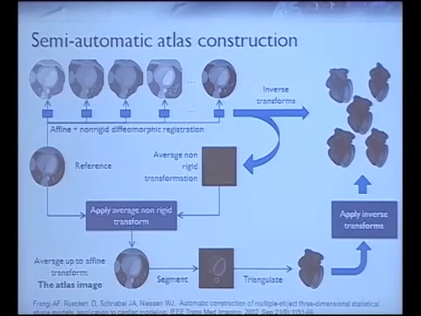So the first step is to construct this model. I'm not going to go into details, but you can refer to this paper, and we are now making an extension of that for full heart atlases, where the idea is that you define a reference, and then you register a lot of cases from your database to that reference. You generate the deformation maps, of course removing all the affine transformations.